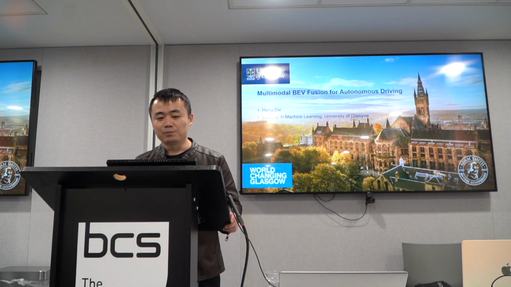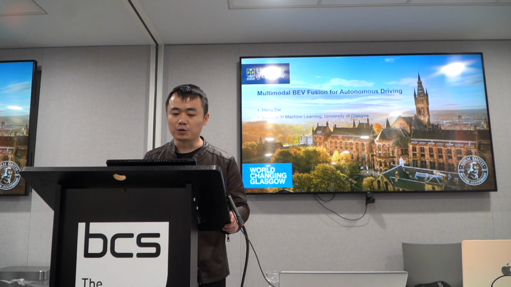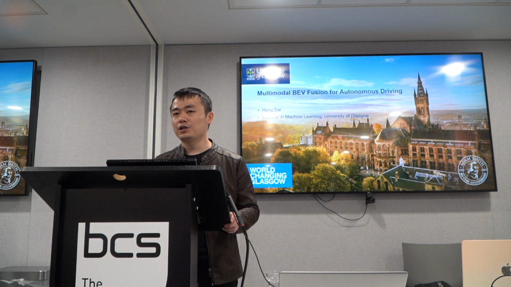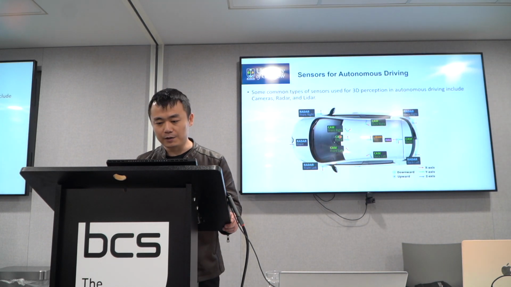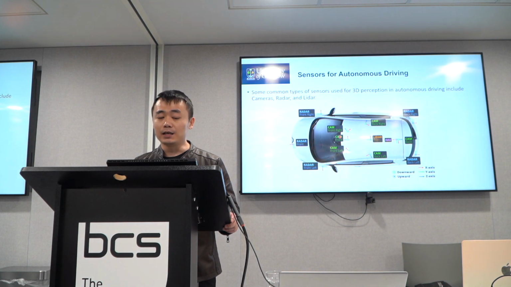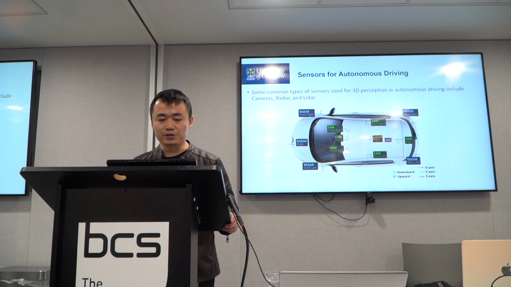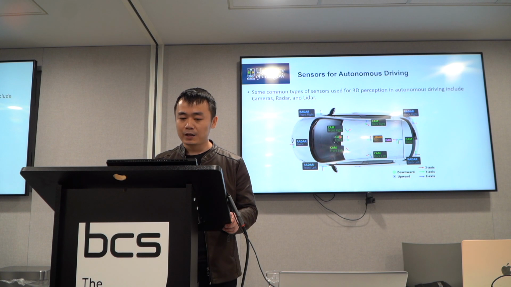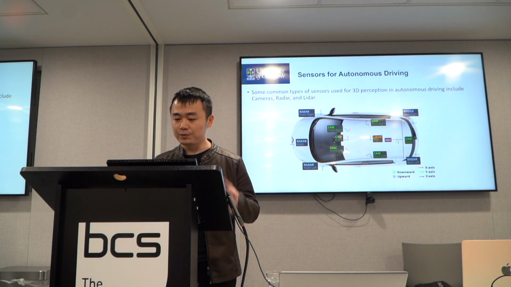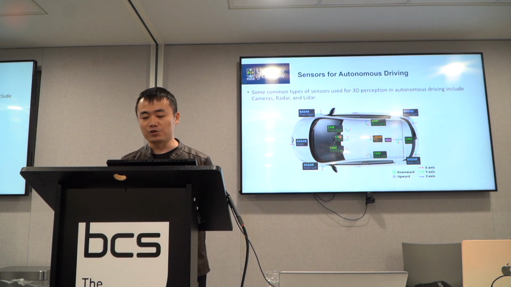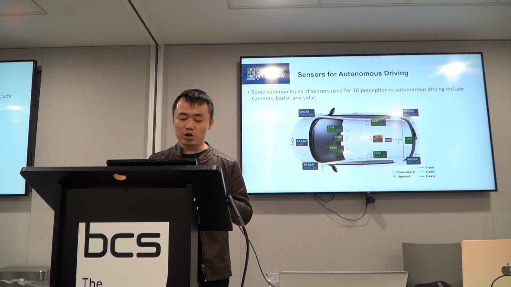Hello everyone. Today I will cover the topic of multimodal BEV fusion for autonomous driving, especially on the perception side. Let's first look at the perception sensors assembled in autonomous vehicles, like the cameras, which are used to capture view information such as lane markings, traffic signs, and other objects on the road.